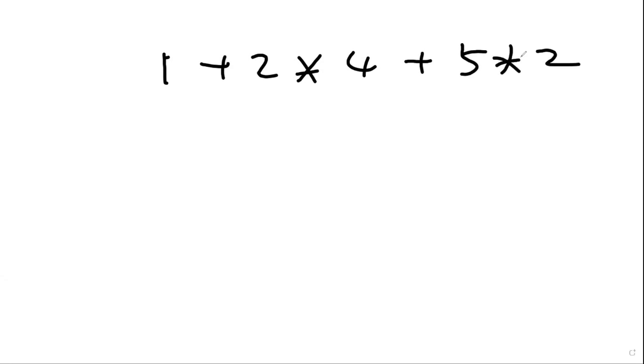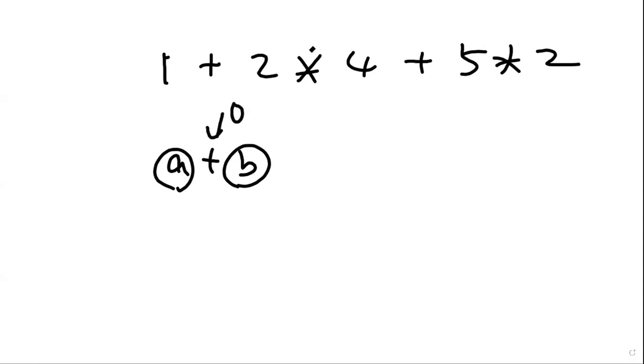Okay, so basically each one of these is a binary operator, BIOP. Each operator is a BIOP, binary operator. The so-called binary operator is A plus B. So there are two operands and one operator.